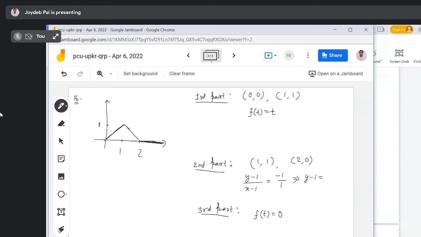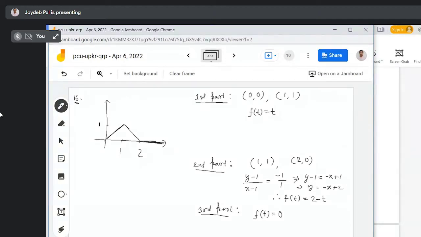Minus x plus 1. And therefore y is equal to 2 minus x. Yes. So in terms of t and f(t), 2 minus t. Okay.